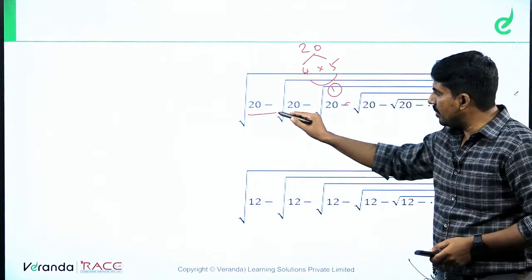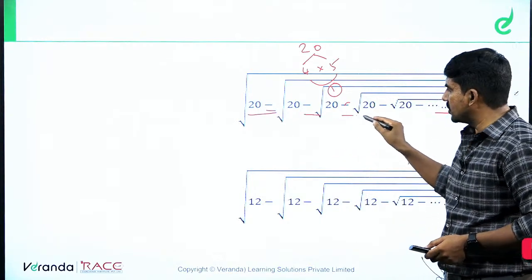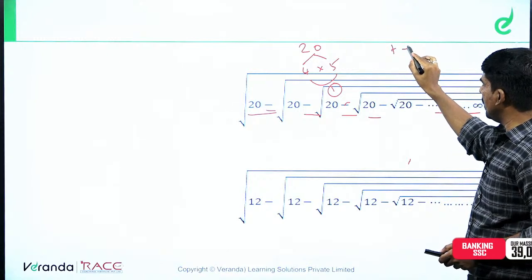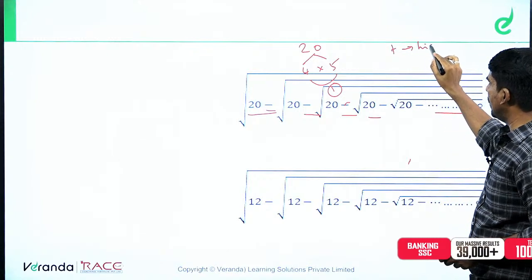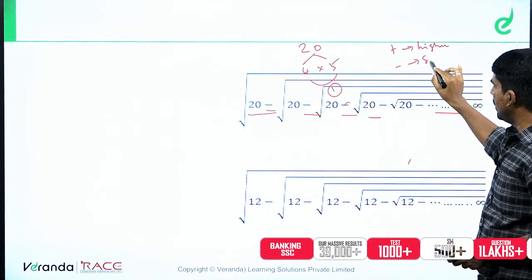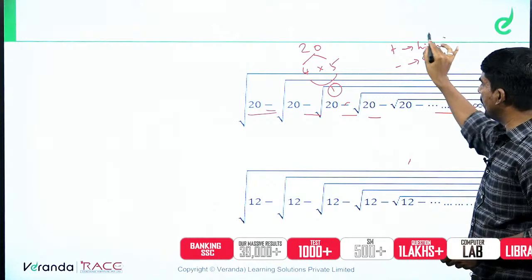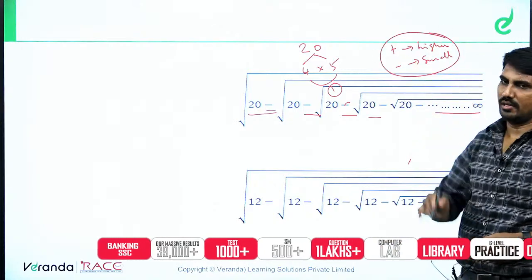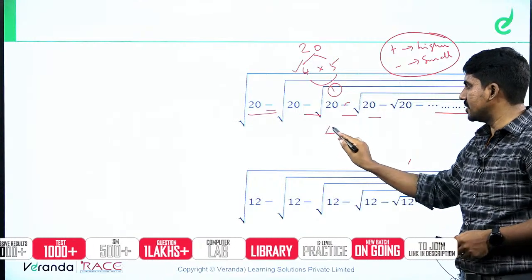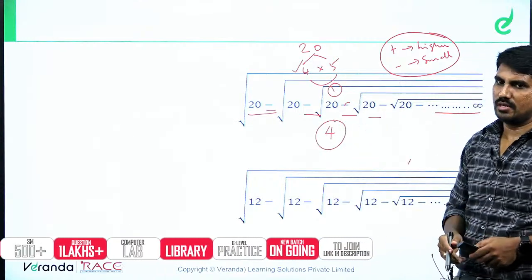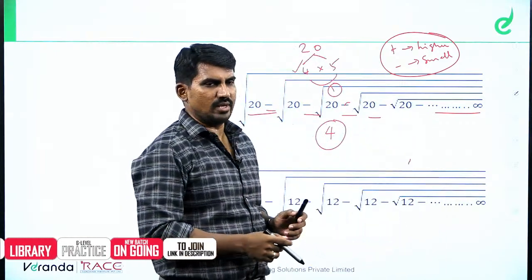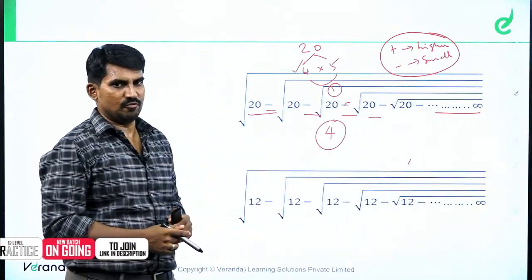And in the question minus is given. The concept is, if plus is given, we click the higher number as the answer. If minus is given, we take the smaller number as the answer. Because of minus, we select 4 as the answer. A normal 10-second question.